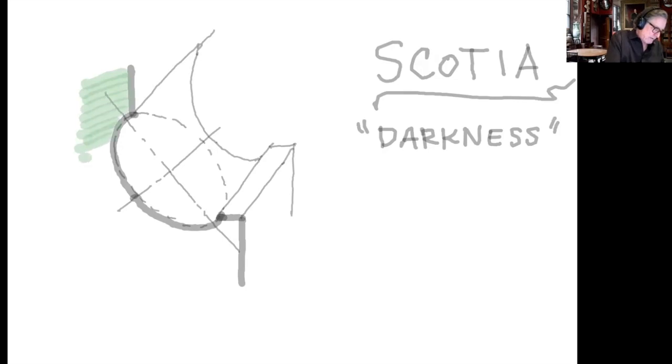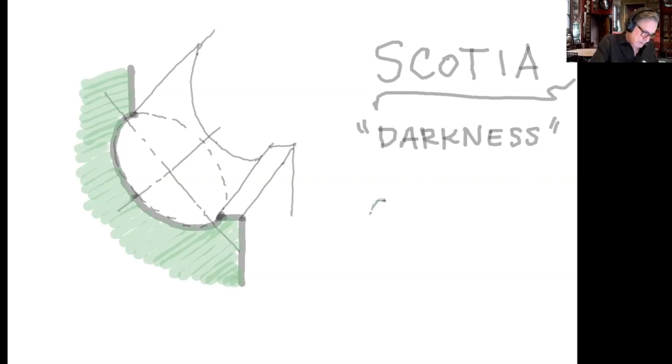Now the scotia can have lots of different shapes, and you see it manipulated by master architects in lots of different ways. There's all sorts of varieties of scotiae, and we see it in all sorts of different guises. It could be very vertical and very shallow. Let me do this in black.